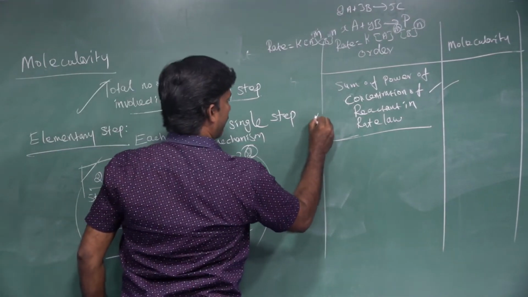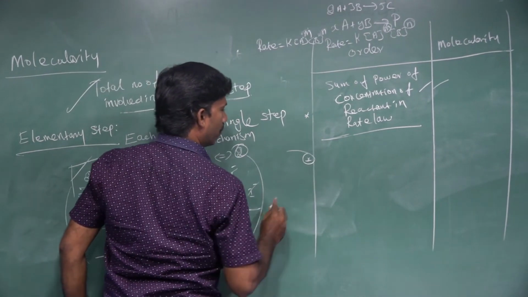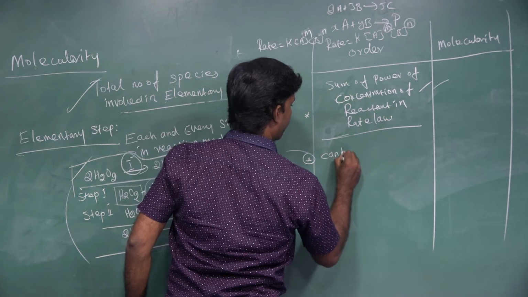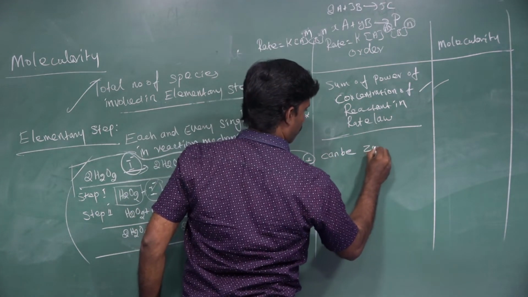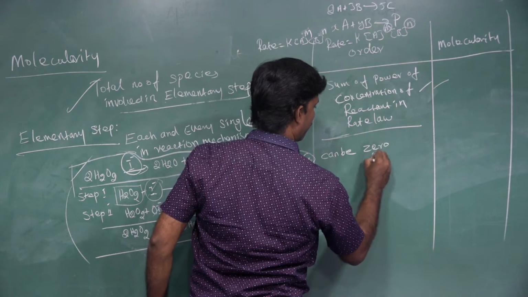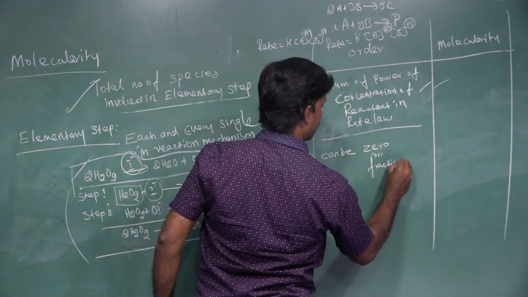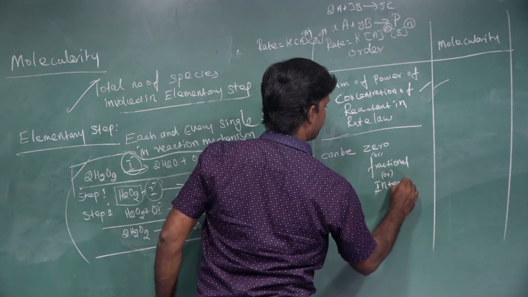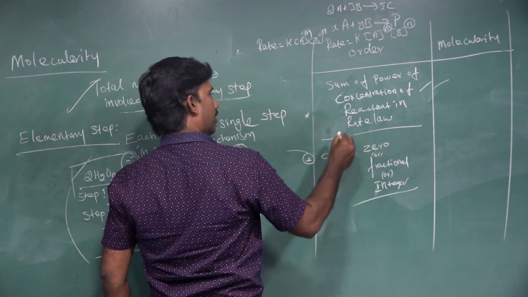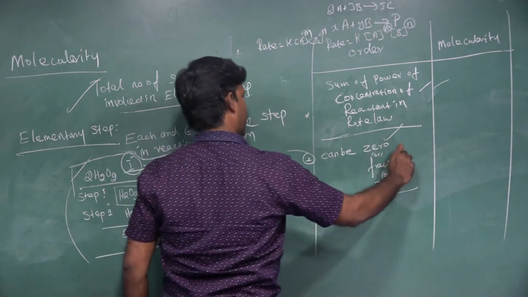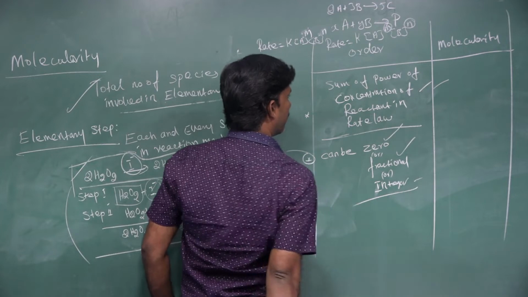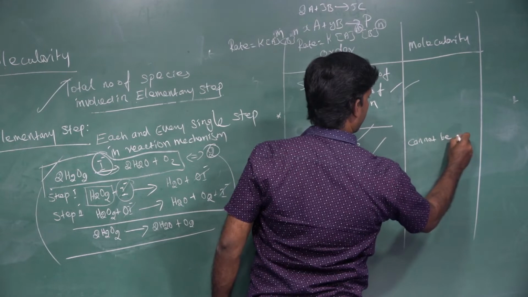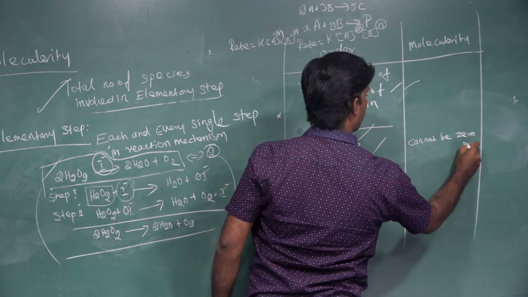Then the second point: the order may be 0, fractional, or an integer. A zero order reaction is available, a fractional order is also available, and an integer order too. But molecularity can never be 0 or a fraction.